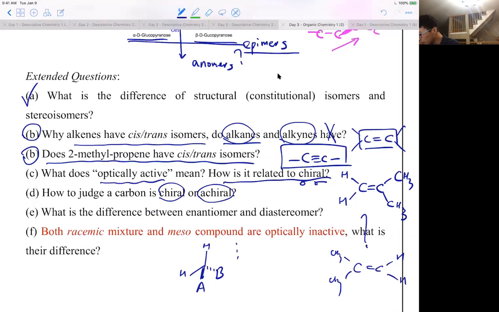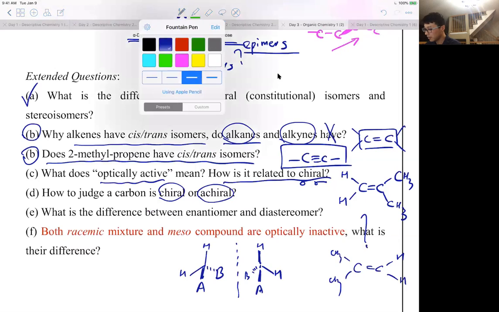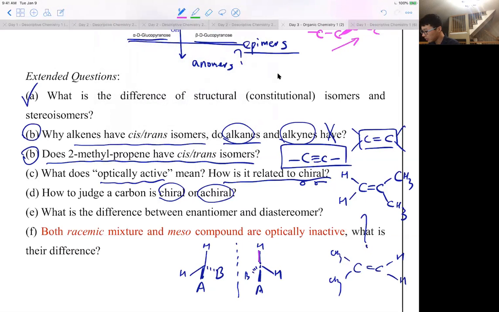So we can try to draw a mirror image. Are those two molecules superimposable? They are, right? So if you rotate through this bond by what degree? Let's say 109.5 degrees, you will see.